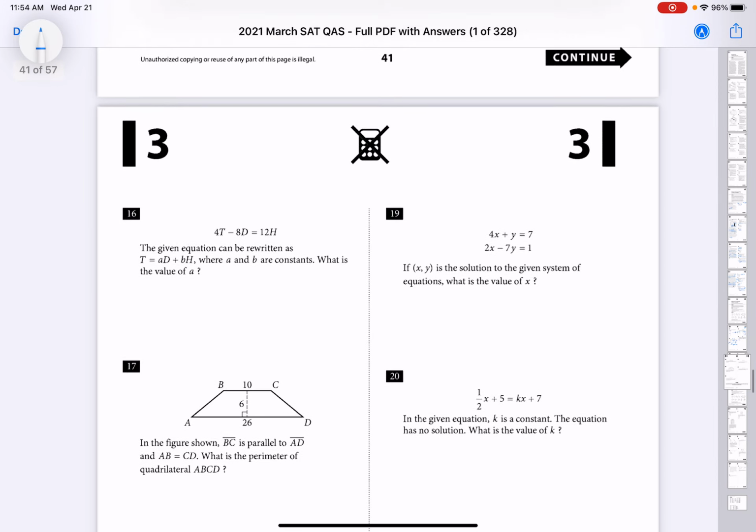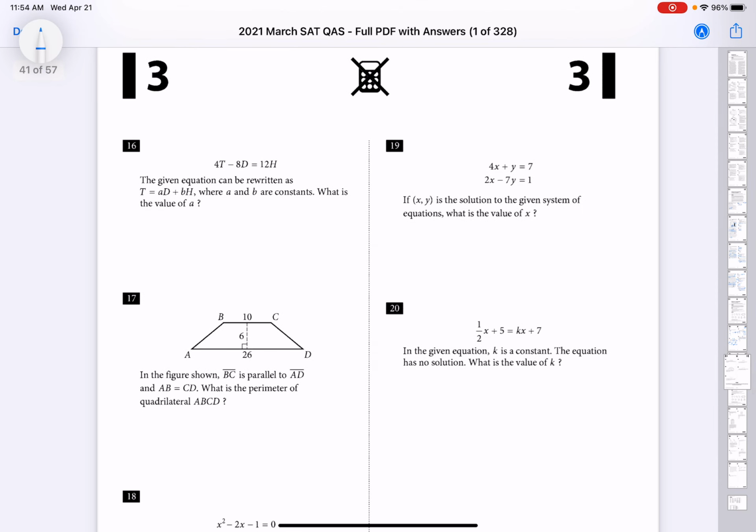All right, on to the grid-ins. 16. The given equation can be rewritten as T equals A times D plus B times H, where A and B are constants. What is the value of A? All right, so they want you to get T by itself in this equation.